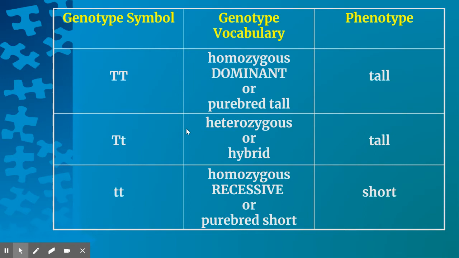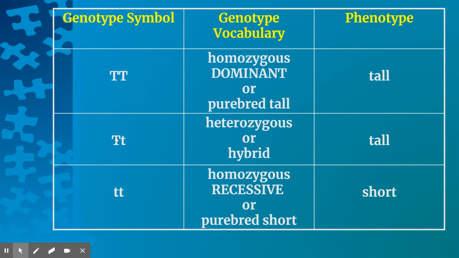Let's review some vocab. Remember, your genotype is your genetic characteristic. That could be big T, big T. We could also say that you're homozygous. We could say that it's dominant, or we could say that it's purebred. And if tall is dominant to short in pea plants, their stem height, we would use the letter T. So big T, homozygous dominant, phenotype tall.